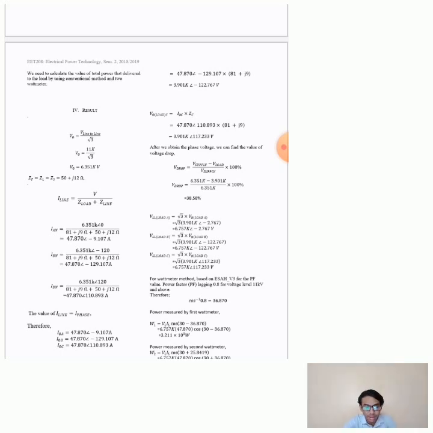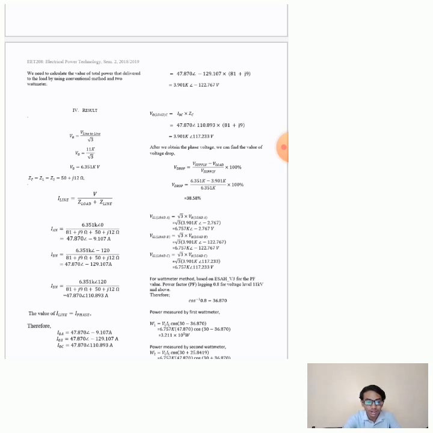Next, we will calculate the V phase for load A, using the value of I phase A that we got earlier and ZA, which is from my metric number.